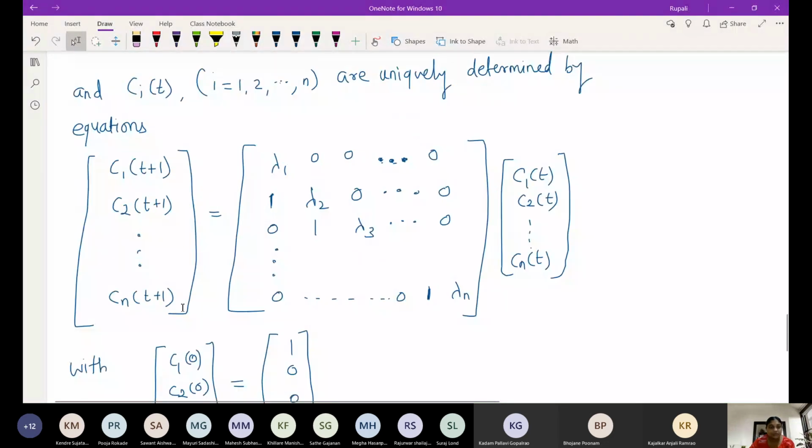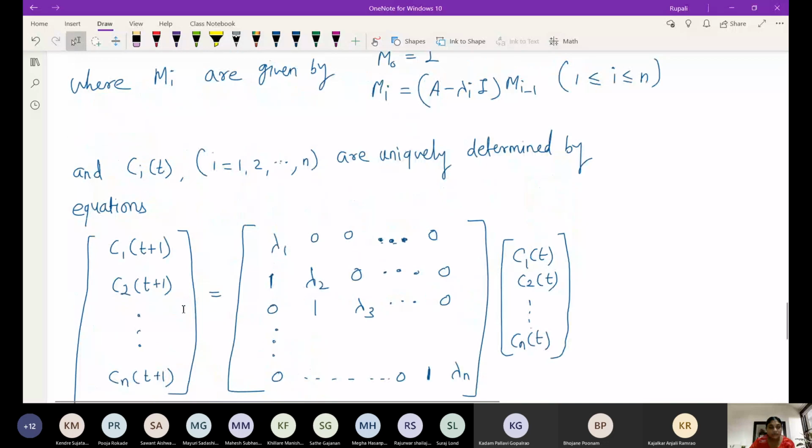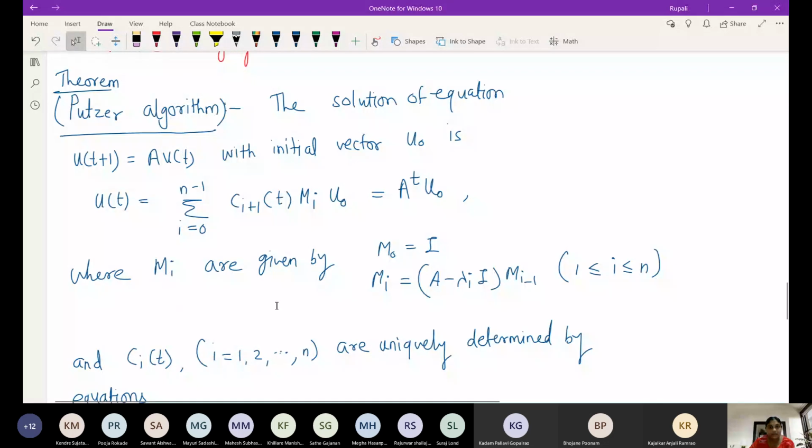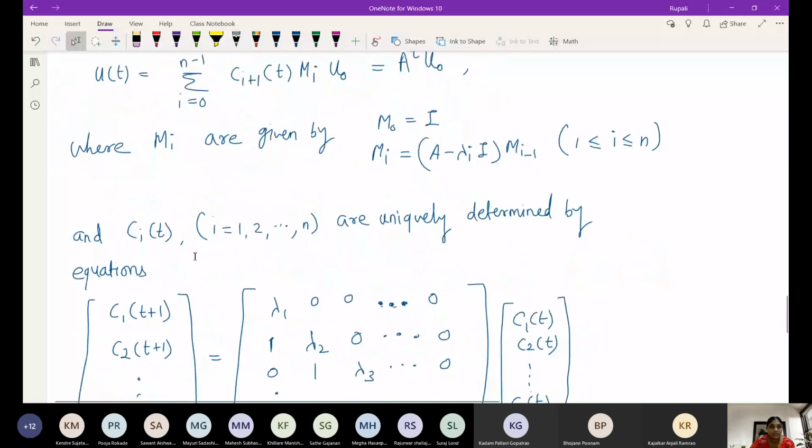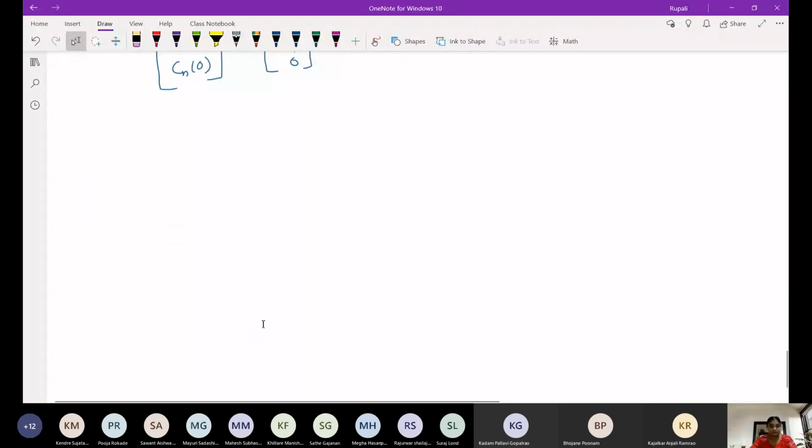Is that okay? We will check now what M i is and how they satisfy this equation. We will prove this in this theorem. So we have to use the Cayley-Hamilton theorem here.